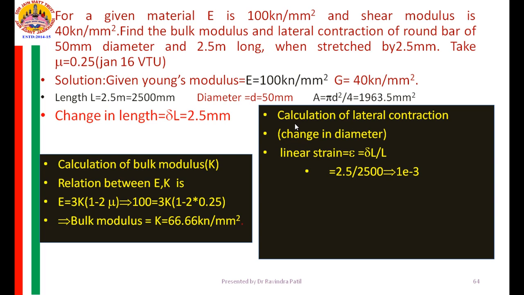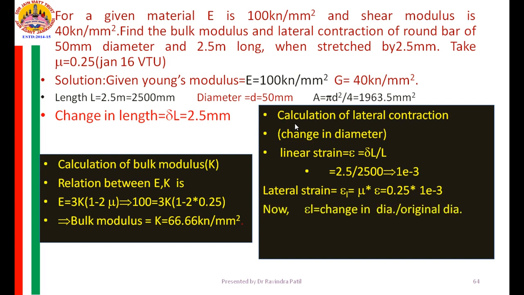I got it as 1 into 10 to the power minus 3. Lateral strain is nothing but the Poisson's ratio into linear strain, and actually this lateral strain is negative in nature, as there is increase in the dimension, this will lead to the decrease in the dimension.